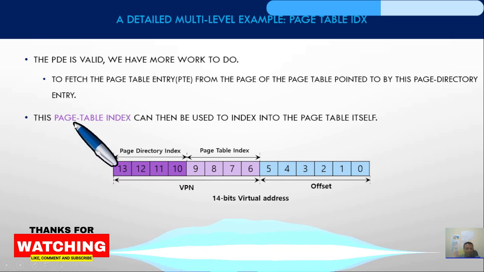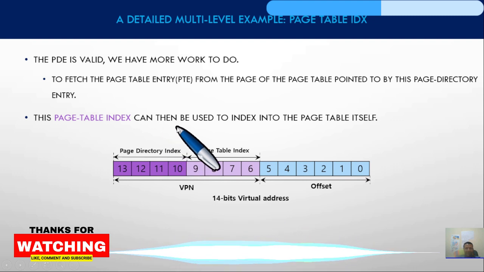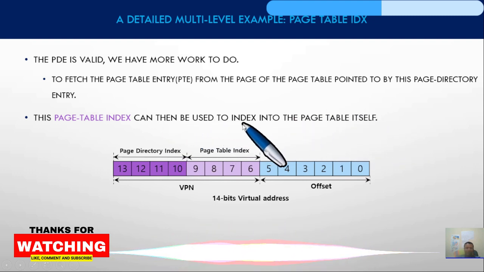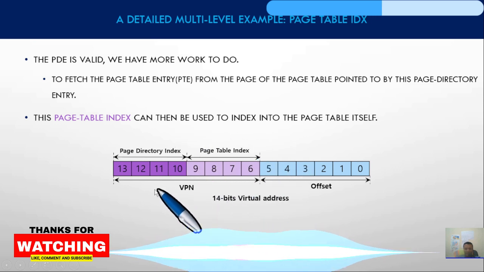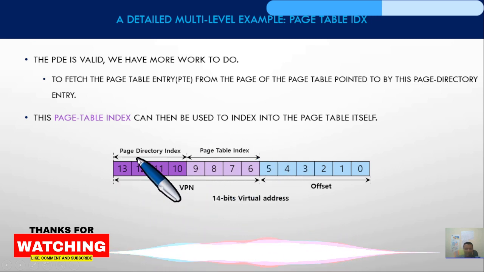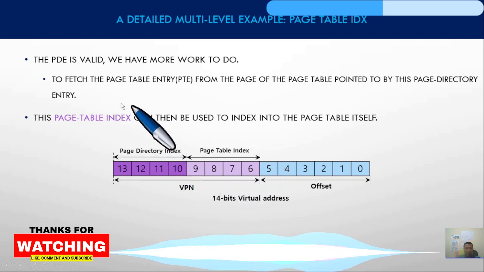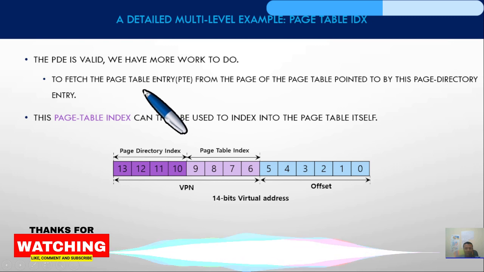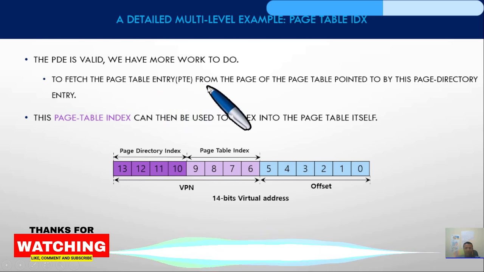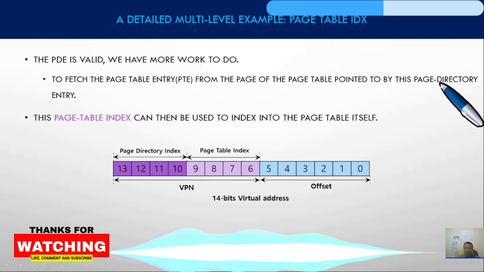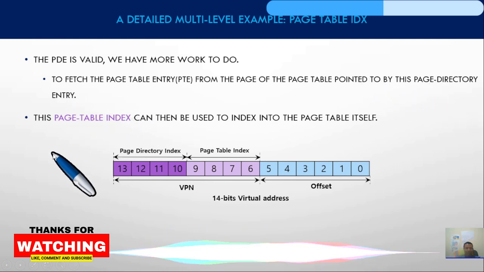The page table index can then be used to index into the page table itself. As you can see, we have the VPN divided into the page directory index and the page table index.